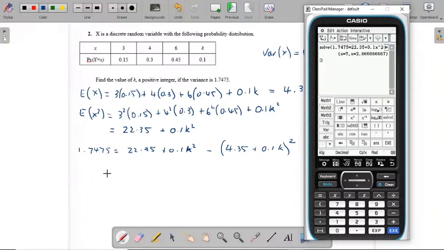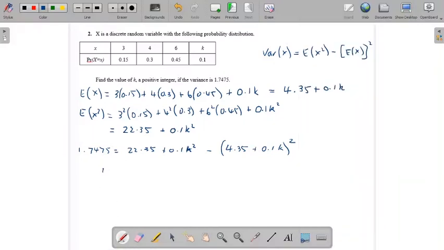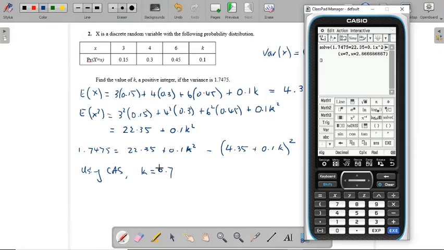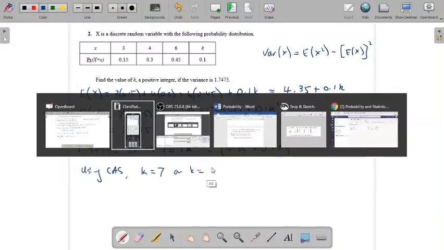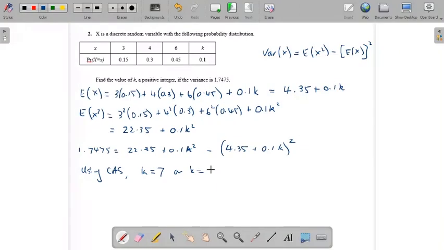In this case it's k. So k is 7, or k equals 2.7.